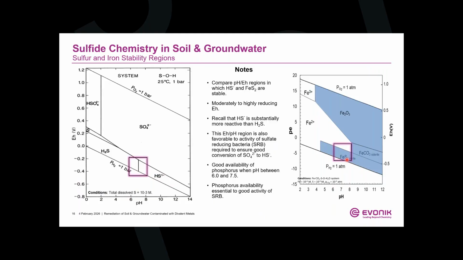So good. Now we have a bit of an understanding of how sulfide and iron relate to each other and where they would like to precipitate together to form iron sulfide.